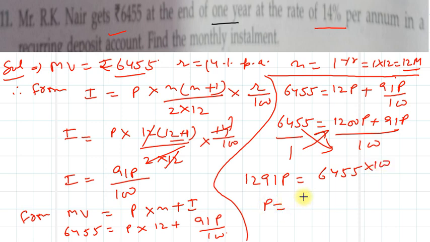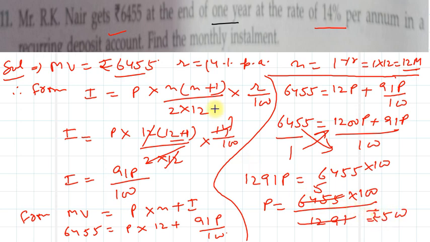P equal to 6455 into 100 upon 1291. So this will go by 5. So P equal to rupees 500. Find monthly installment. Therefore the monthly installment would be rupees 500.